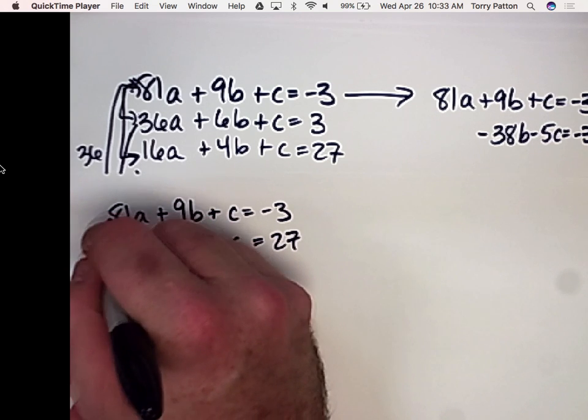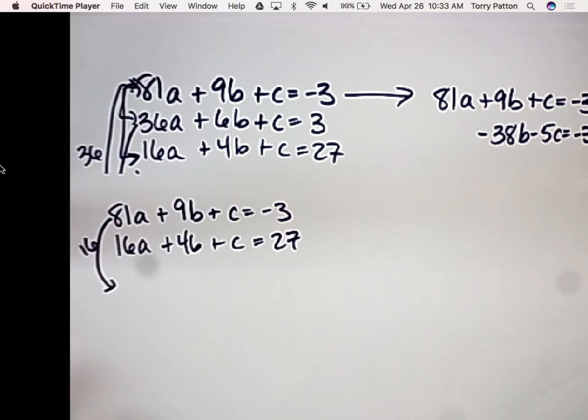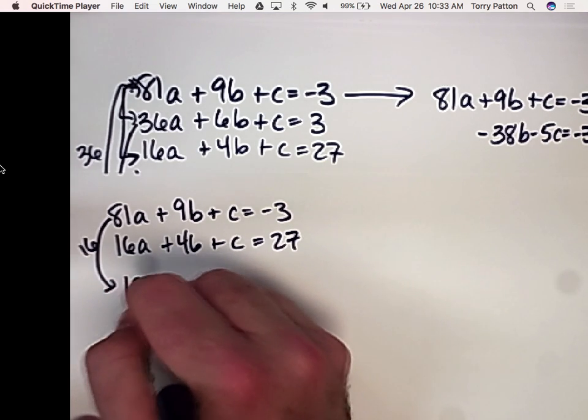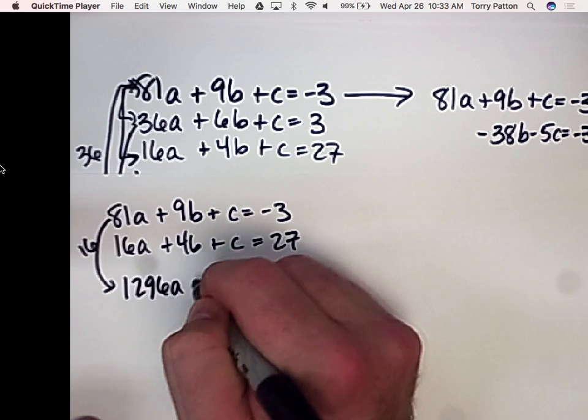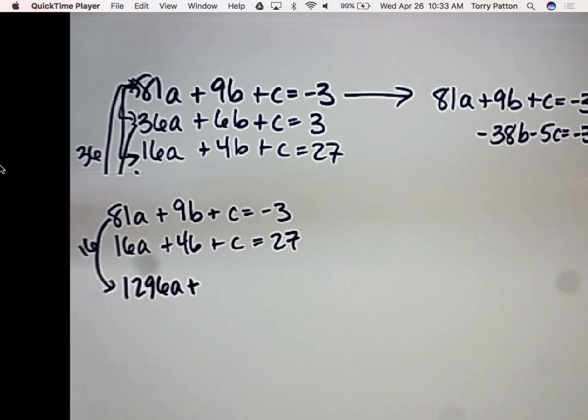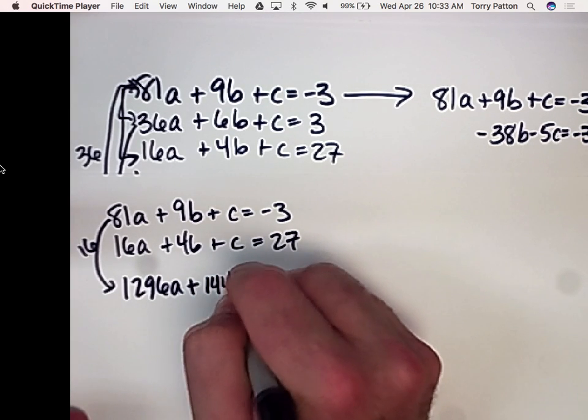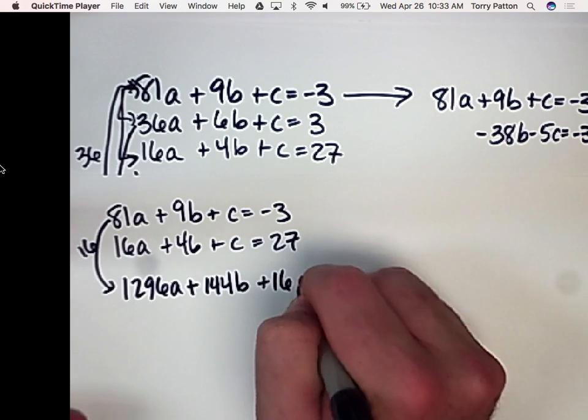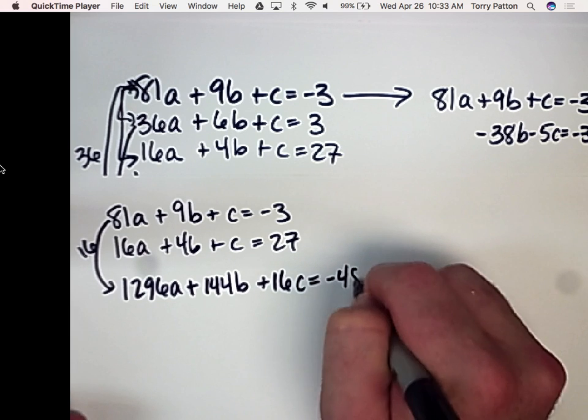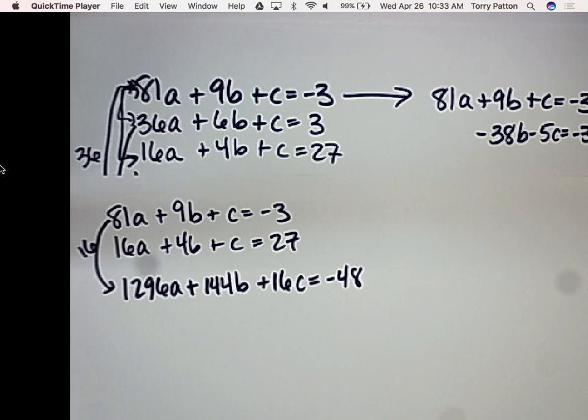So if we multiply this by 16, we get 1296a plus 144b plus 16c equals negative 48, right?